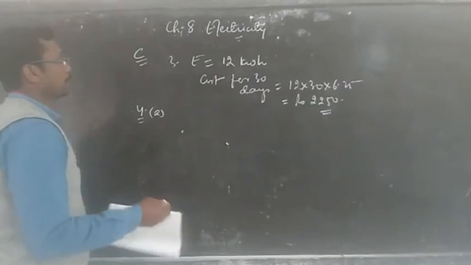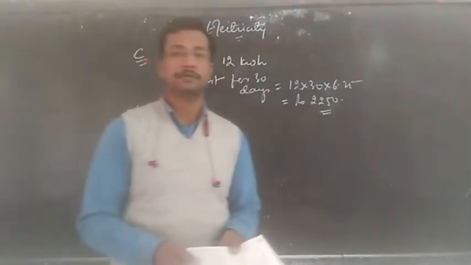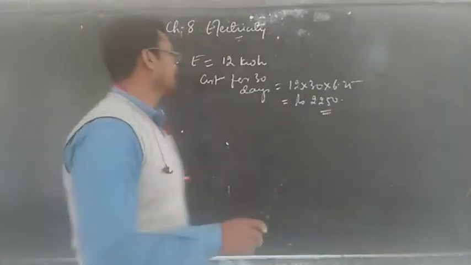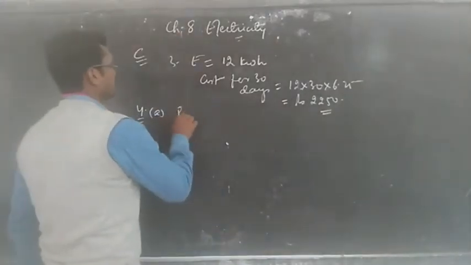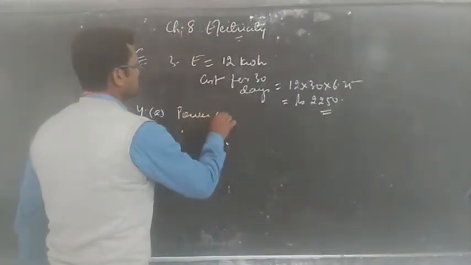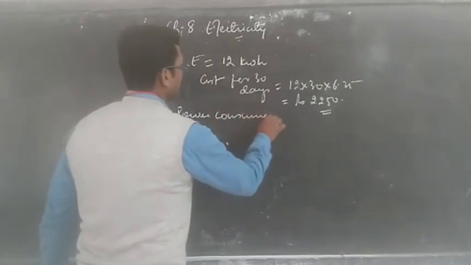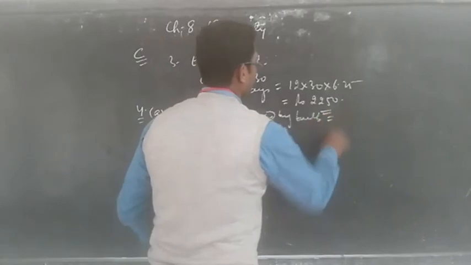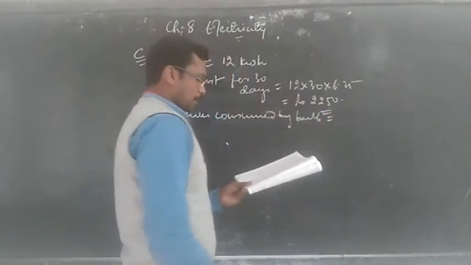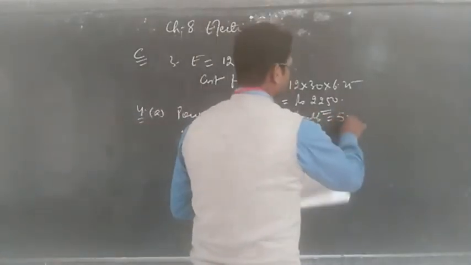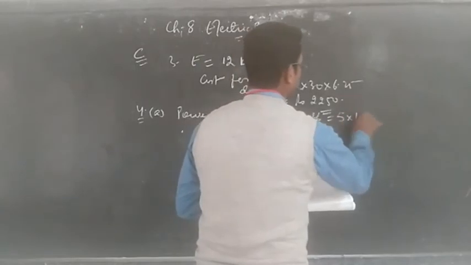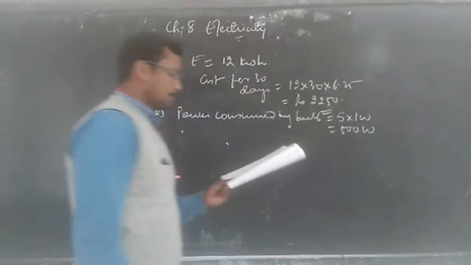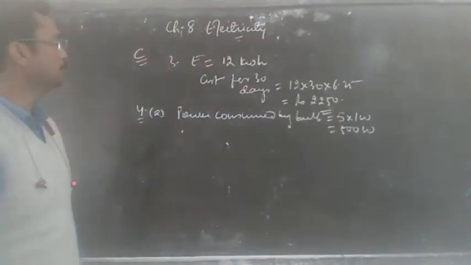We can find out the consumption of power by each appliance one by one. First we take power consumed by bulb. There are 5 bulbs used and each bulb has 100 watt. So 500 watt is the power consumed by the bulbs.